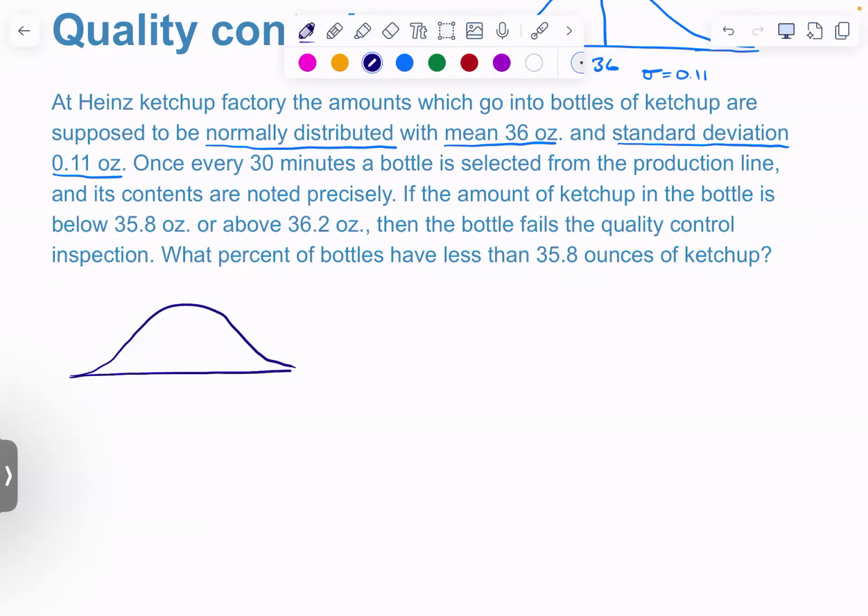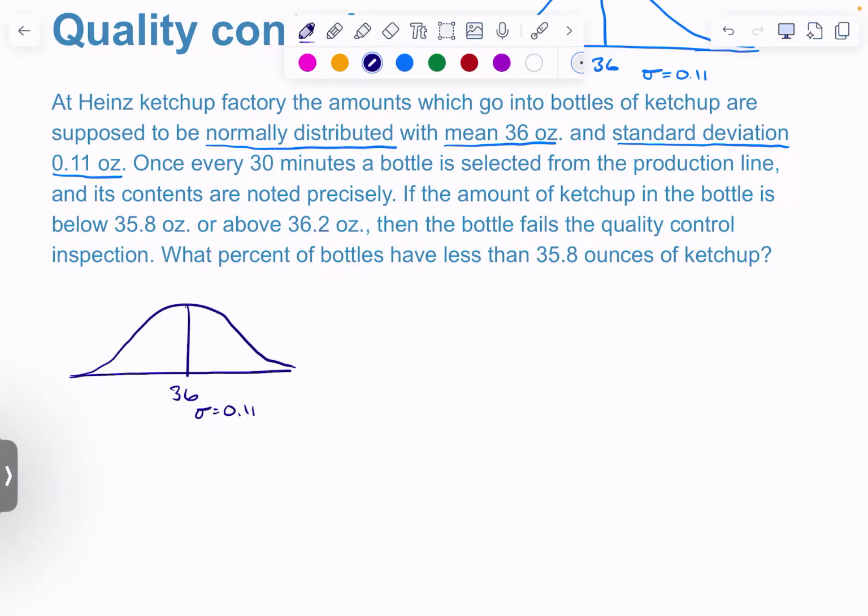I'm sure you can make it nicer than mine, but close enough. Centered on 36, and the sigma was 0.11. As long as the units are the same, it doesn't matter, I just drop them.